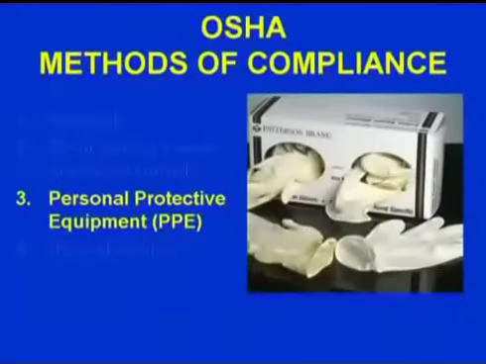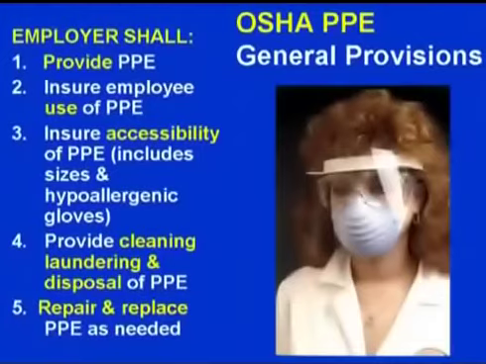The next section after the engineering and work practice controls involves our personal protective equipment, abbreviated as PPE, such as our gloves, our masks, and our gowns. Here you can see a photo of some of the personal protective equipment, including the face shield, as well as mask and protective eyewear.